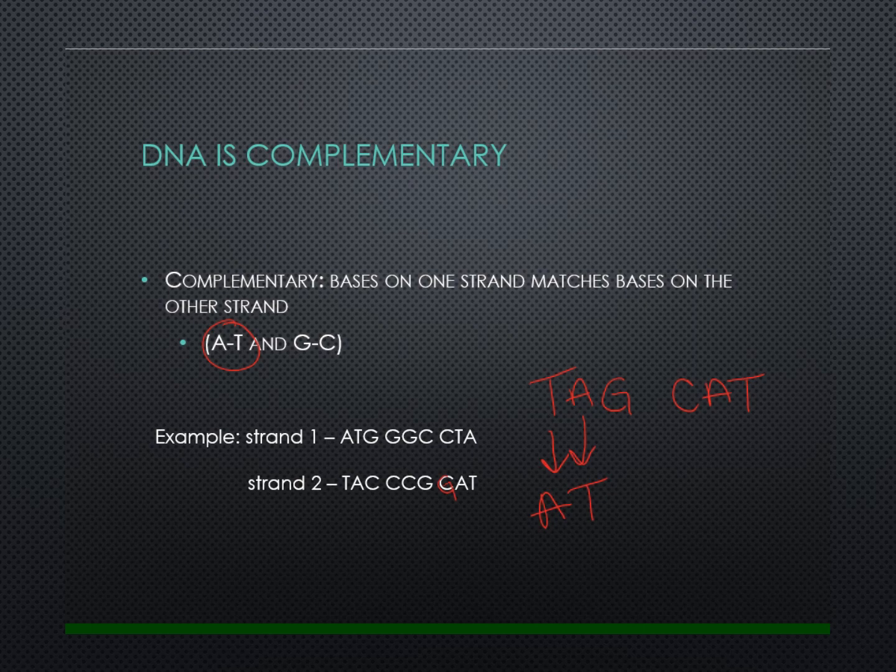A T. And knowing that G's and C's go together, we can know that this will be a C. Same thing with this one here. We've got a G, a T, and an A. So these are our complementary strands.